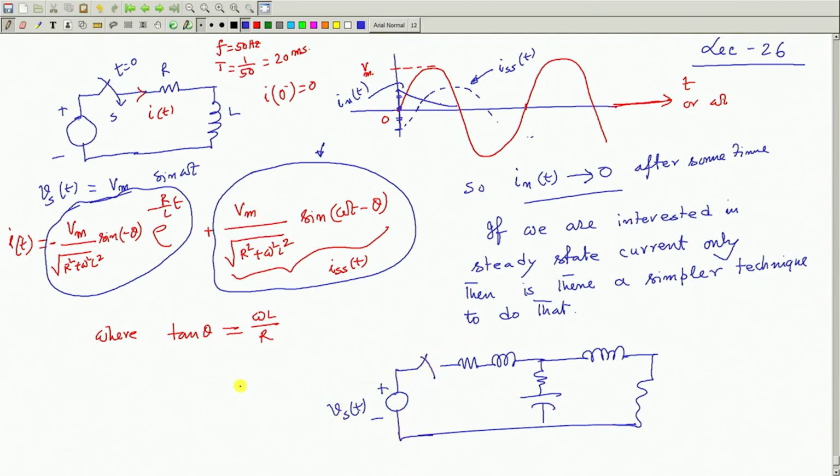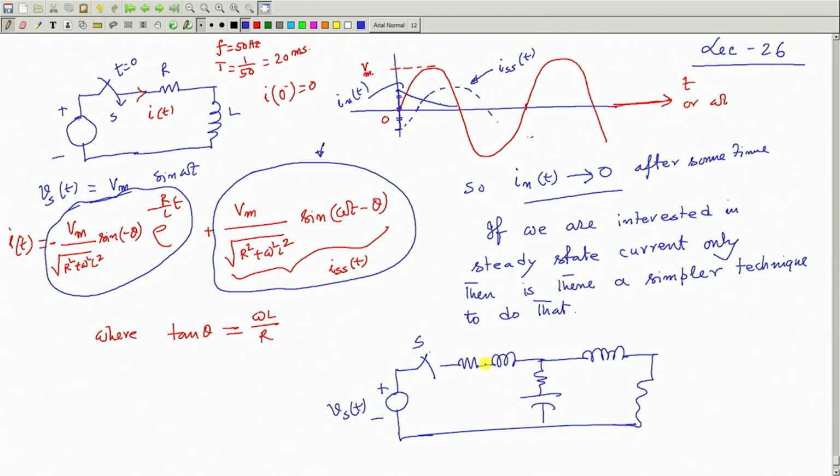Vs is V max sin omega t. Then if you close the switch, there will be some transient phenomena definitely taking place, which can be elaborately solved from the differential equation.